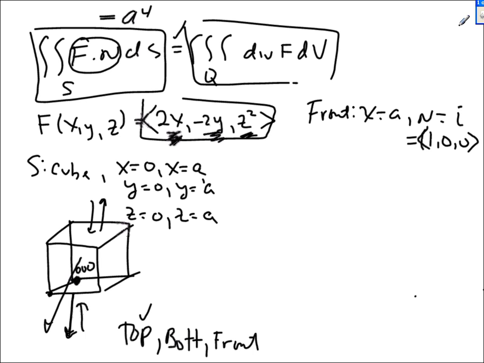So n is 1, 0, 0. F dot n, this times 1 and these times 0, add them up, you just get 2x. But x is a.